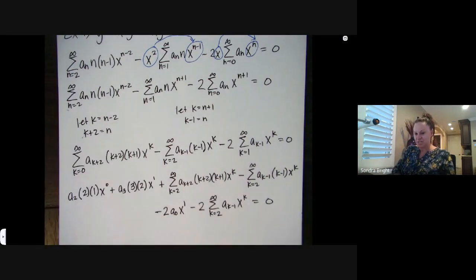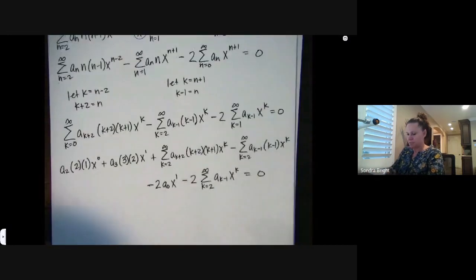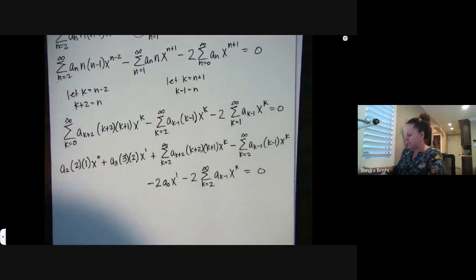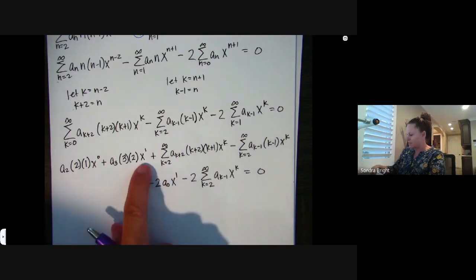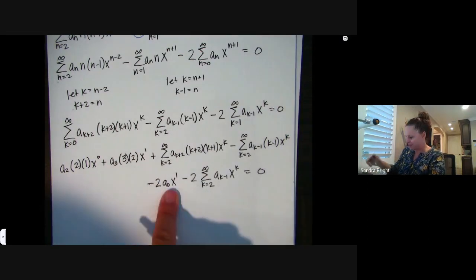All right, so we need to equate coefficients. Do you see that I've got an x to the 0? So that's just a constant there. This is an x to the power of 1. So is that one. All right, so let's do that.